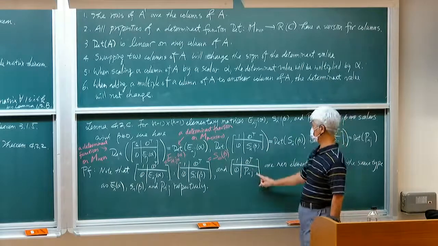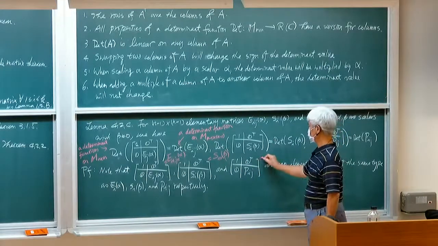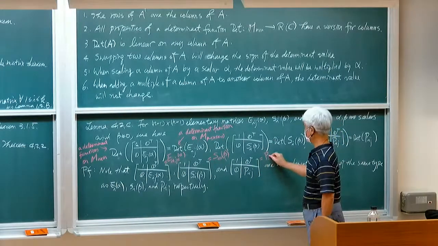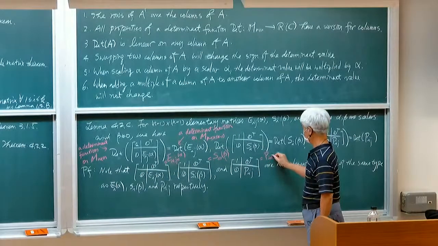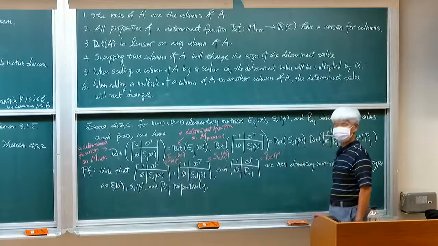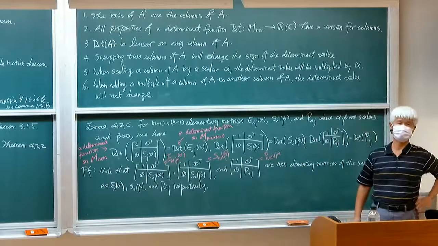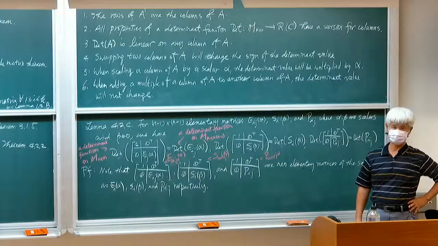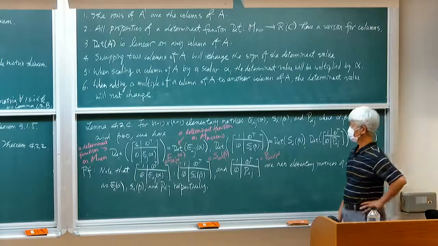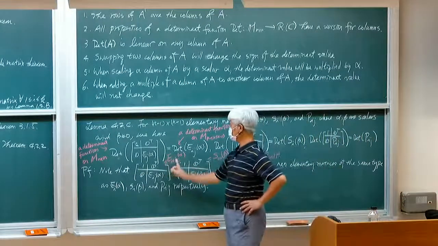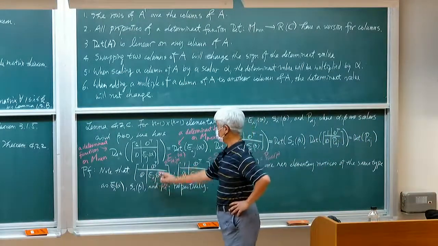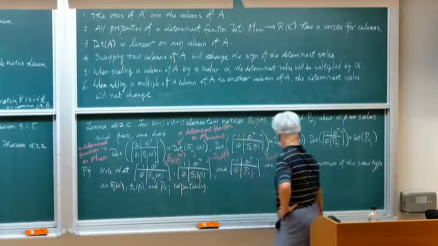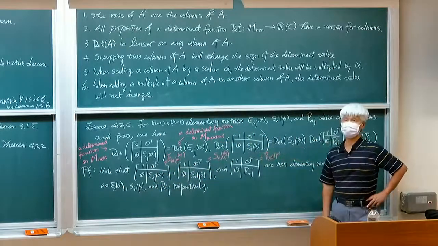How about this one? This becomes (i+1) and (j+1). Okay, so they have the same type. P_ij goes to P_(i+1)(j+1). Okay, so that is the situation.